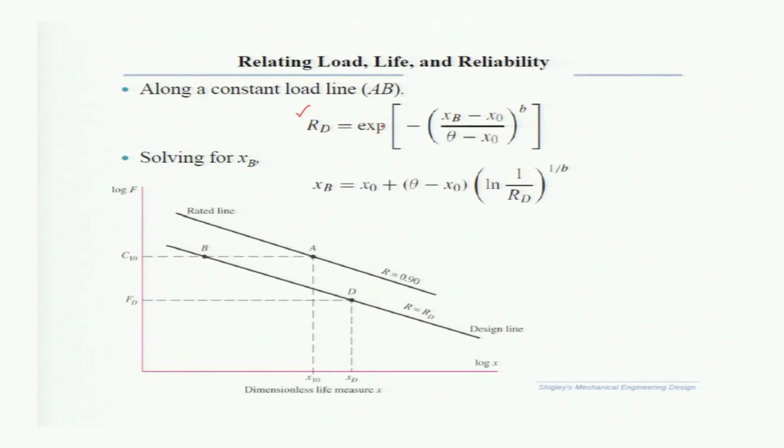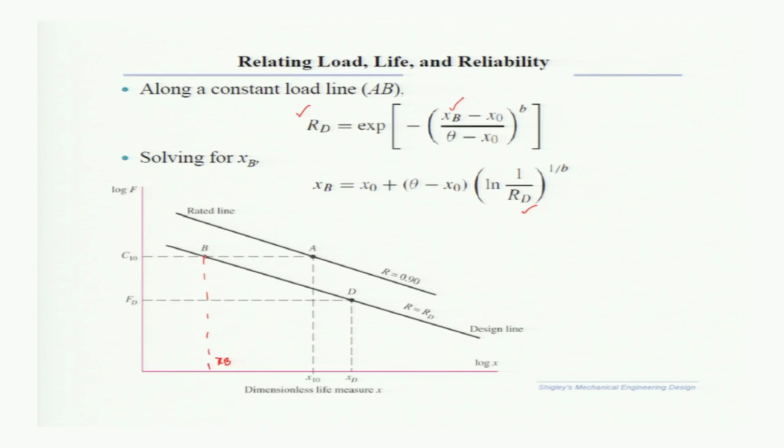RD is equal to e to the power minus (XB minus X0) divided by (theta minus X0). From this equation, we get the value of XB. So, XB is equal to X0 plus (theta minus X0) times log of 1 upon RD. So, for any desired reliability, the value of XB can be obtained from this equation.